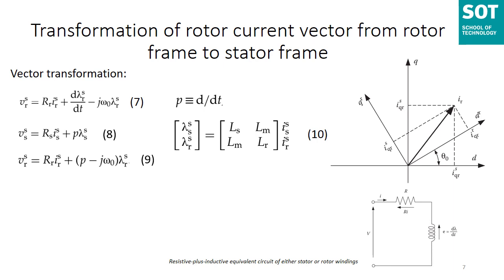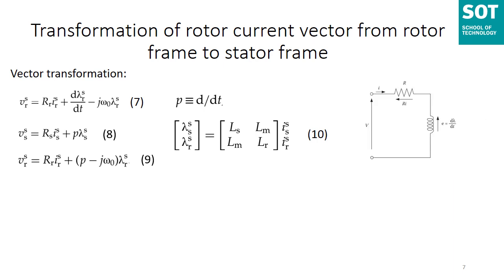So if you see the LHS, the unknown quantities of equations 8, 9 and 10, in the LHS you have VS, VR, lambda S and lambda R, all referred to the fixed stator frame. That means we can club these four and represent them in matrix form like this.